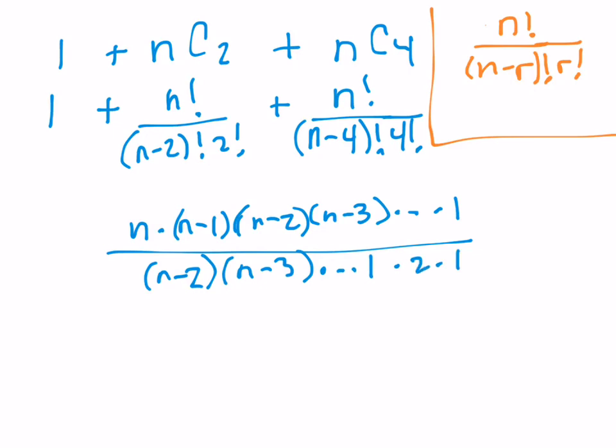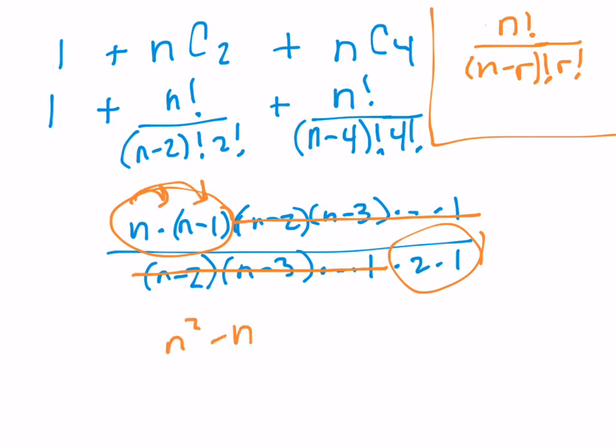So everything from n minus 2 all the way down to 1 cancels in the numerator and denominator, and that leaves us with n times n minus 1 over 2. Let's distribute. So n times n minus 1 becomes n squared minus n, and in the denominator we've got 2.